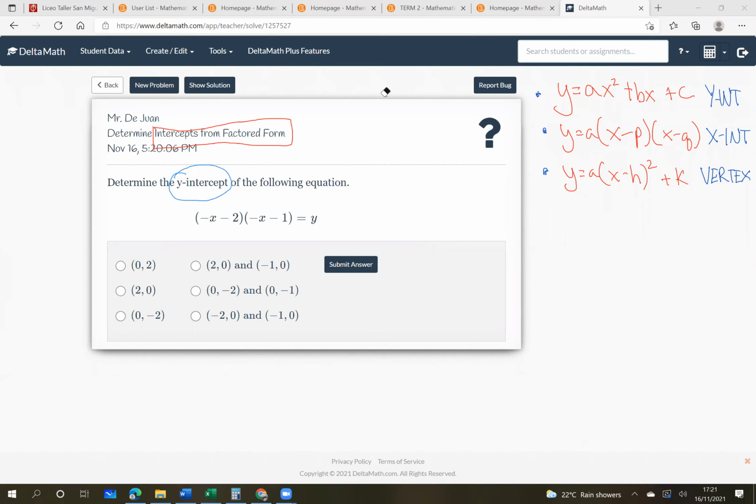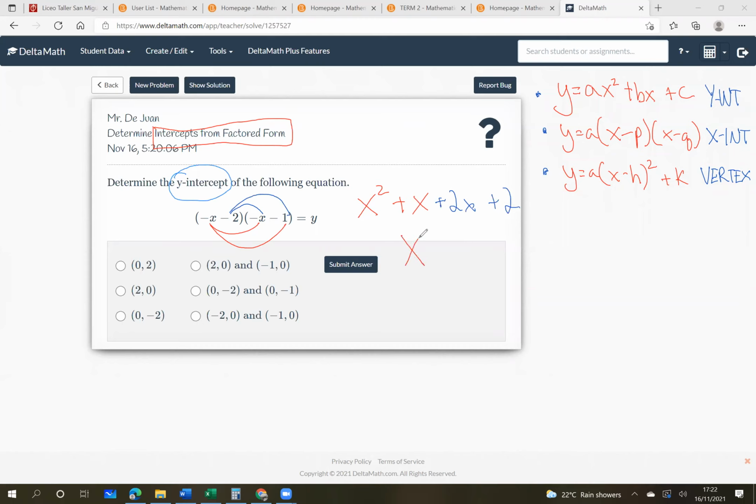So we don't need to find the x-intercept as I was about to do. That means you just have to do the multiplication, FOIL: x times negative x, which is negative x squared. Then x times negative 1, negative x, and negative times negative is positive. Inside gives you positive 2x, and the last gives you plus 2.